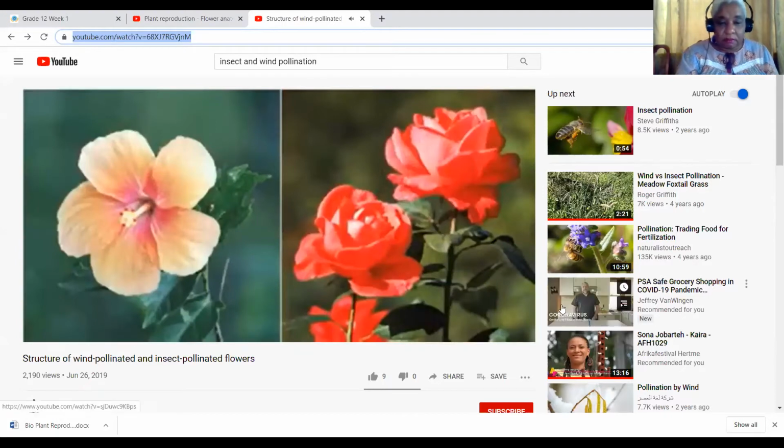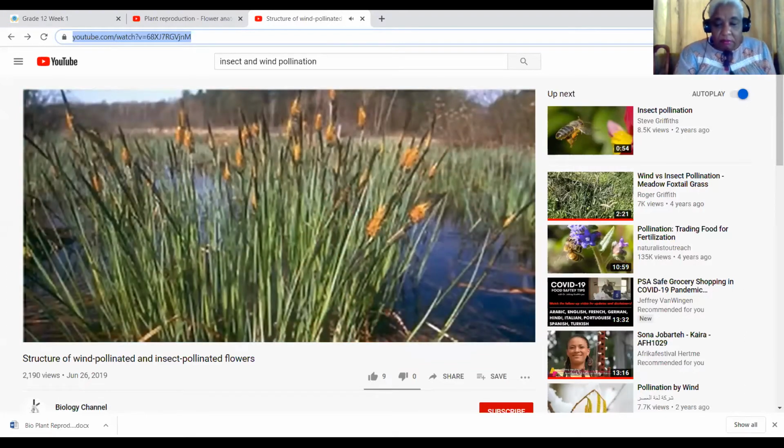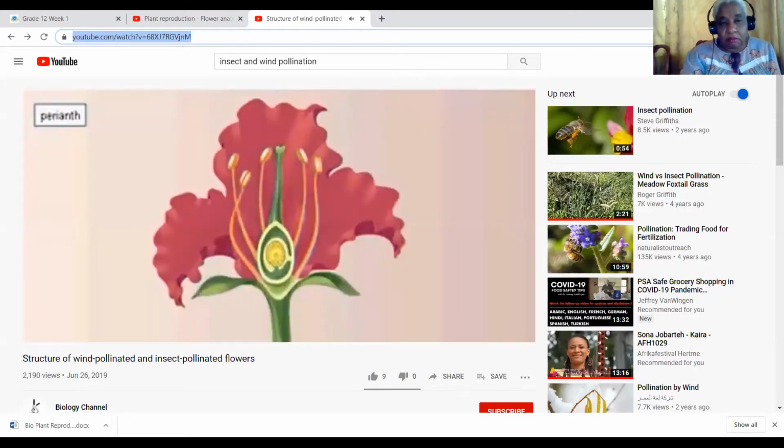Insect-pollinated plants usually have colourful and structurally complex flowers that produce small quantities of pollen. On the other hand, wind-pollinated plants have flowers of a simple structure that produce considerable quantities of pollen. The perianth of insect-pollinated plants provides protection for the stamens and pistils.